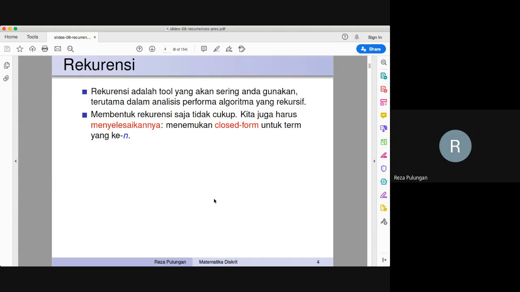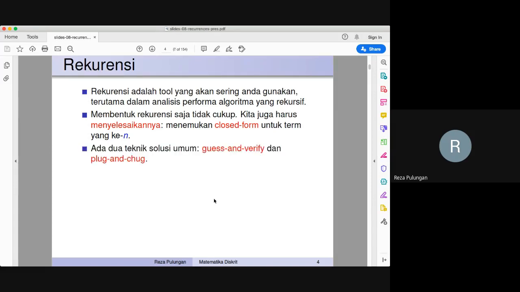What does a closed form solution of the nth term mean? It is a simple formula, without the function T, that describes the nth term. So if I ask you what the 100th term is, all you have to do is replace n by 100, and then voila, you have the number.